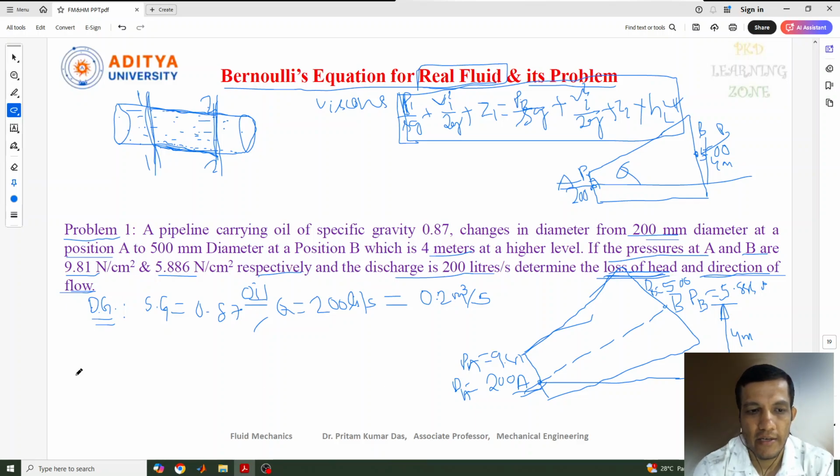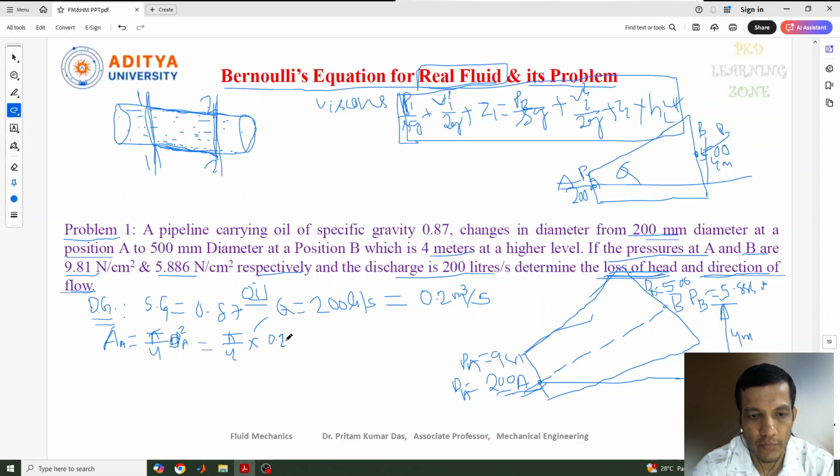First, DA is given, so find out the area at A point. That is pi by 4 D square, because it is circular. Here I have taken capital D; you can write capital D, or small d also. So this is pi by 4 into dA squared. Here it is given 200 millimeter, which we convert into meter, so that will be 0.2.